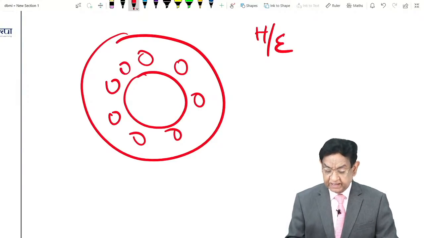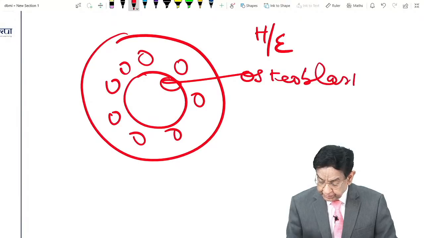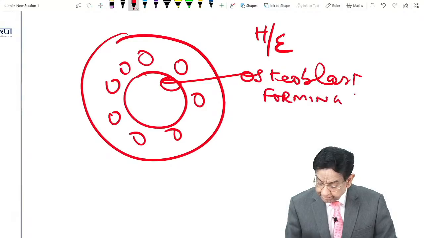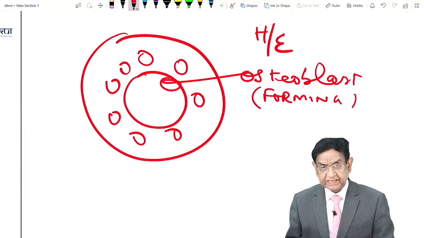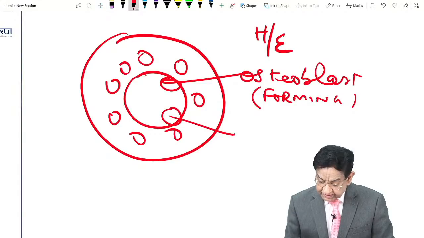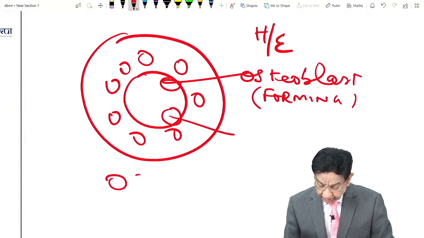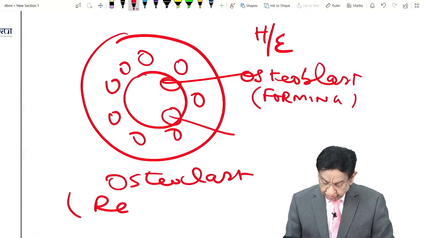In the central canal, we have a cell called osteoblast. It is a bone forming cell. It creates the bone. And here we also have another cell which is called osteoclast. It is a bone resorbing cell.